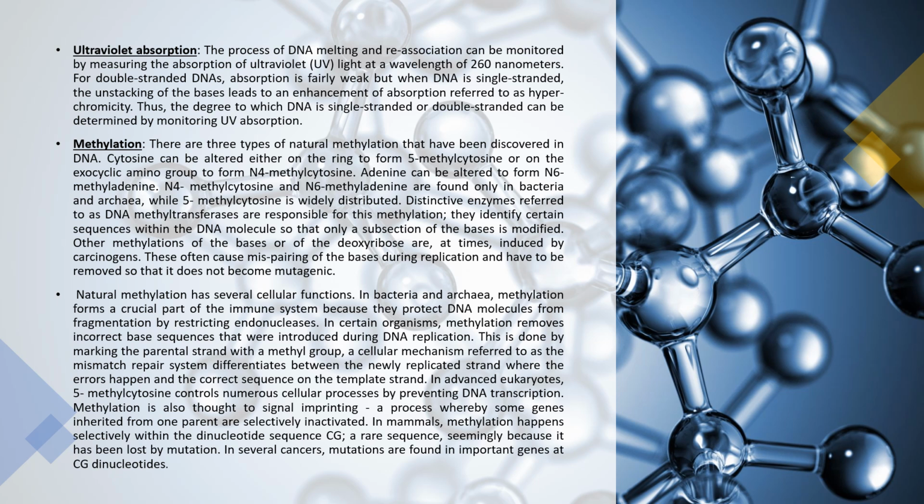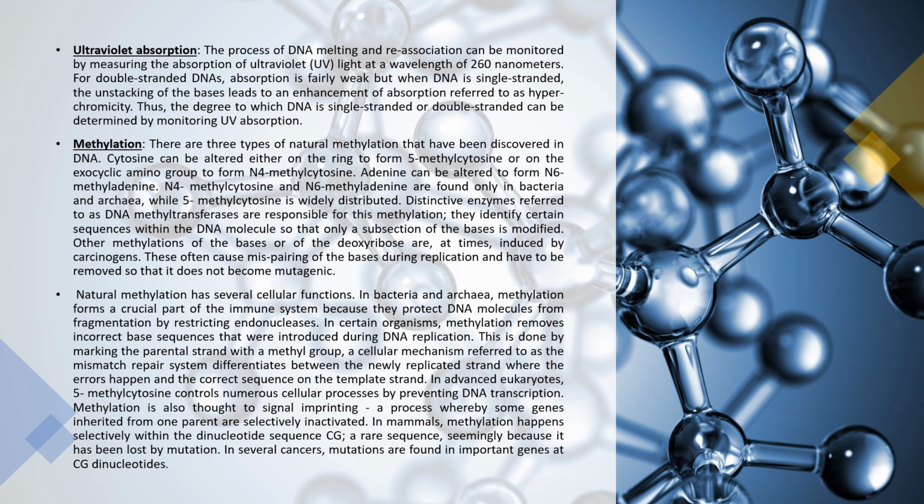This is done by marking the parental strand with a methyl group, a cellular mechanism referred to as the mismatch repair system, which differentiates between the newly replicated strand, where the errors happen, and the correct sequence of the template strand.